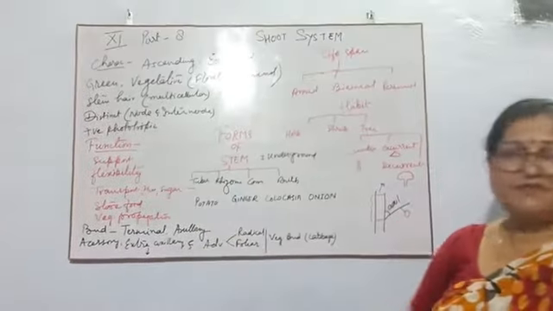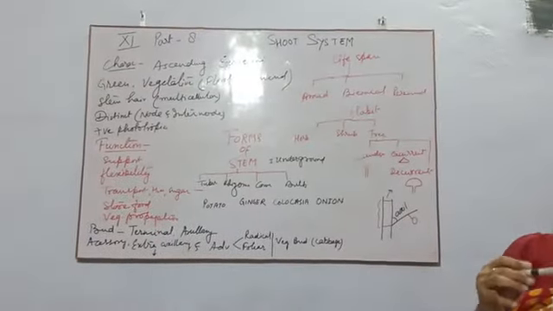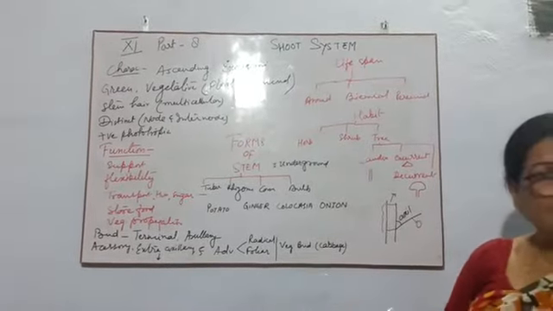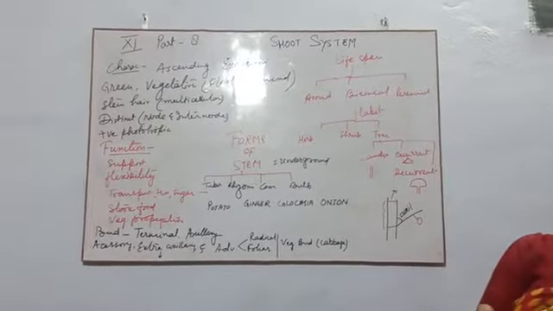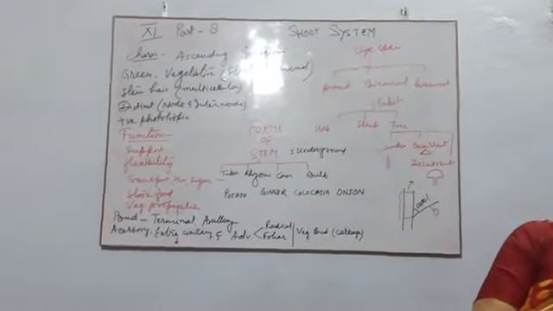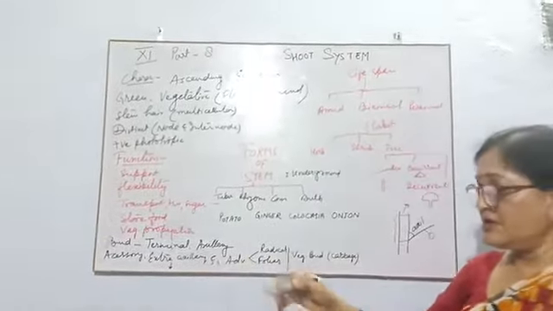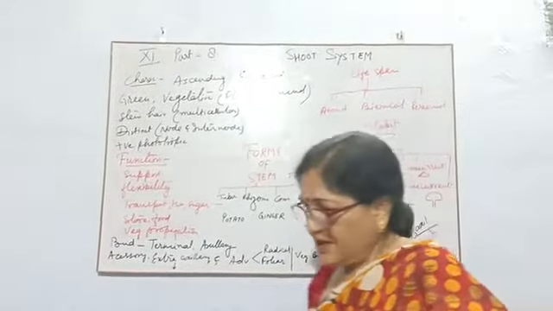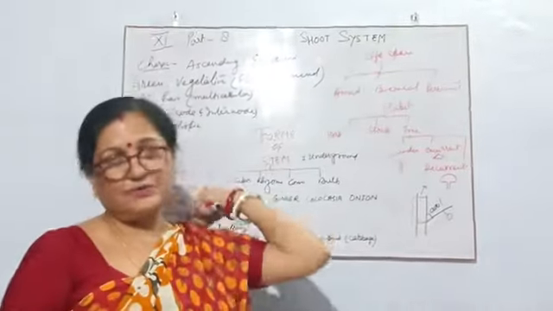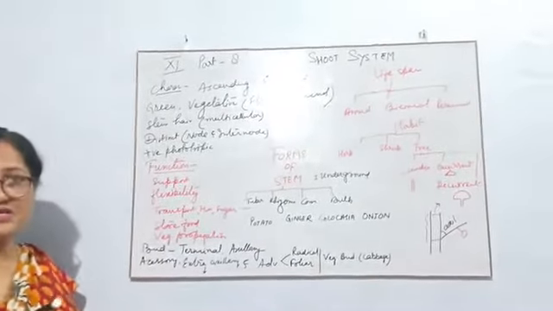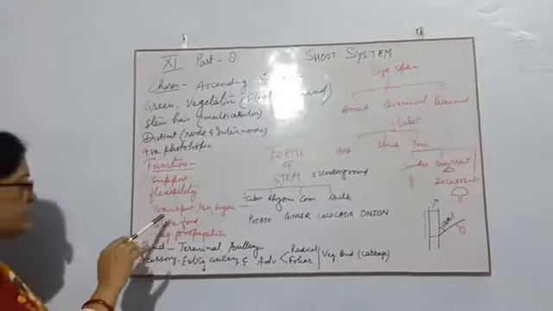The next character is flexibility. Children, you can see in heavy rain, if the roots are well developed, the stem of the plant will bend back, and again the stem comes to the erect position. This is the flexibility which stems have.